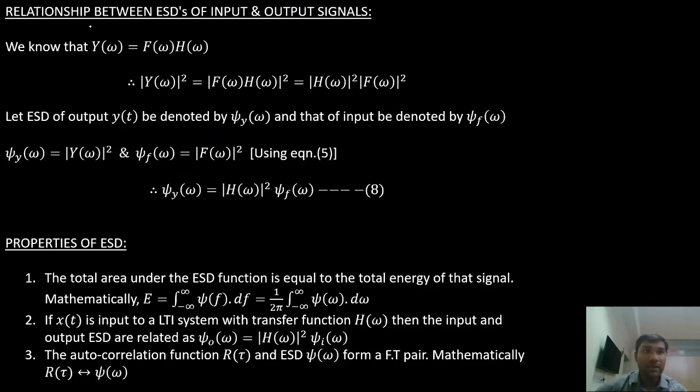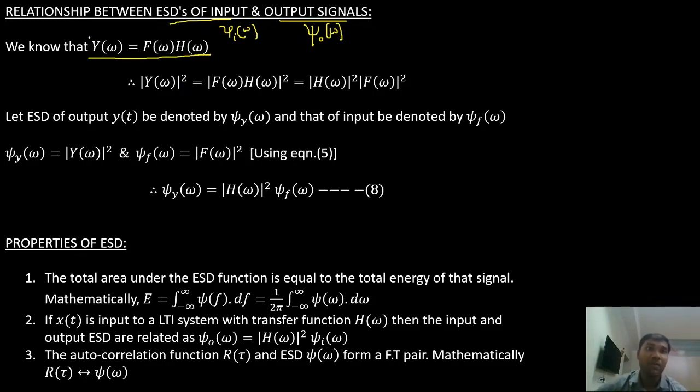Now we'll look at the relationship between energy spectral density of the input signal and the output signal. For the input signal, I'll call it psi I of omega, and for the output signal, I'll call it psi O of omega. So this is the relationship between input and output in Fourier domain.